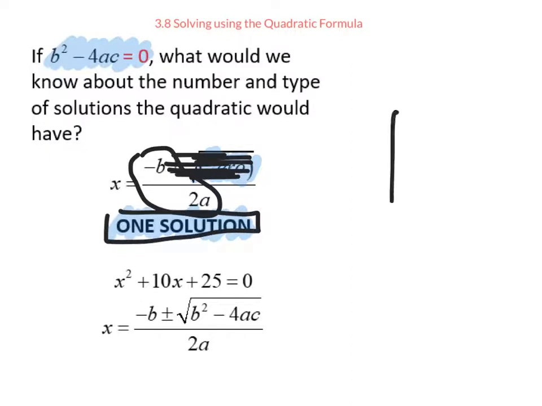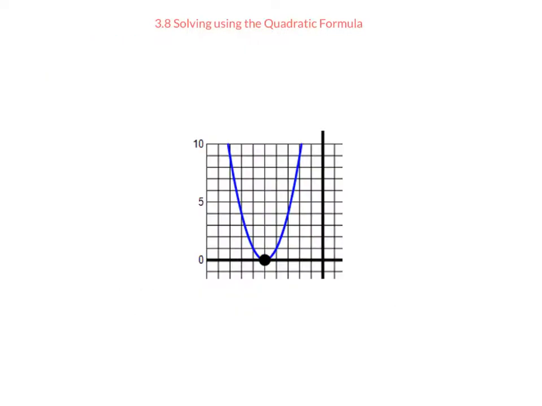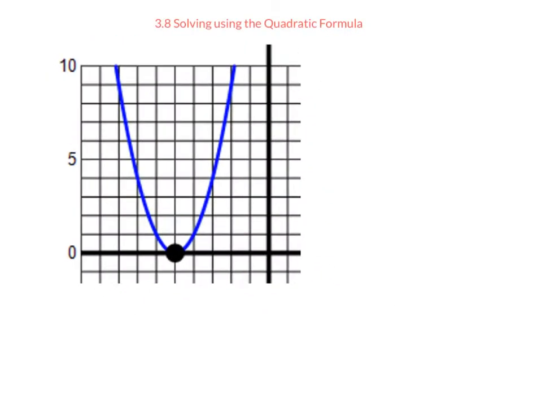Now visually, we'll show you what that means in a second. Visually, it means that you've solved for the vertex of the parabola. So when the discriminant is 0, it's telling us there's a single solution, because you've struck the vertex exactly.